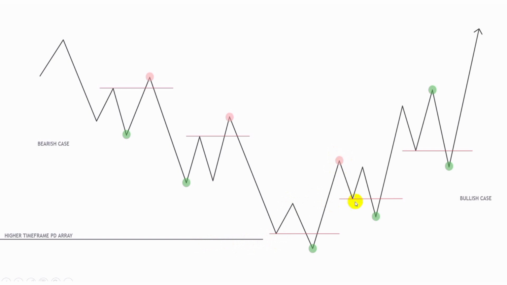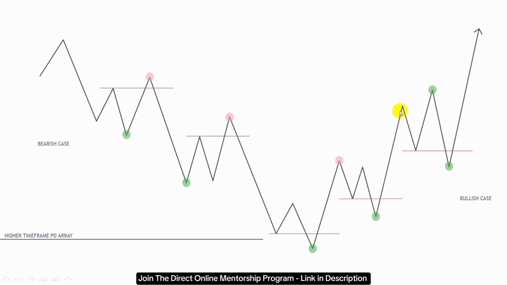Now we have the push of price. Price gave us this movement but did not take out this swing high point. So we should expect the market is aiming to take out this liquidity, the inducement, before giving us a further bullish movement to the upside. Now we have the fall of price. Price gave us this movement, took out this high point, and then we saw the market returning to the downside.